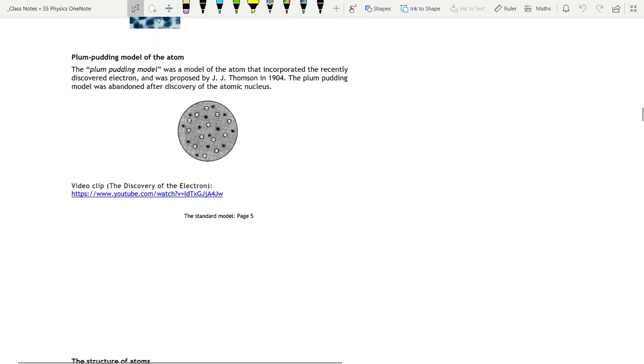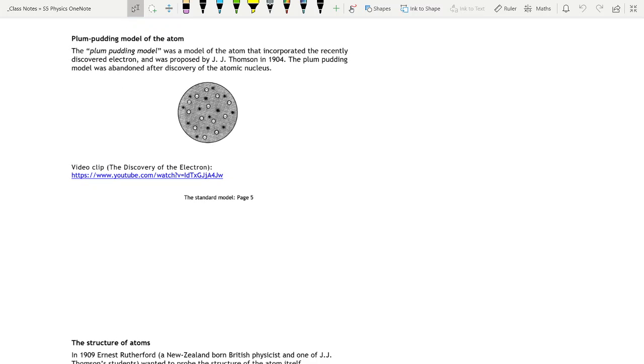You need to know the sort of history, the evolution of atoms and how we thought they looked. Originally we thought there was the plum pudding model, which was basically all the little particles in a sort of mass of pudding, okay? They didn't have any kind of place, they were just anywhere really.